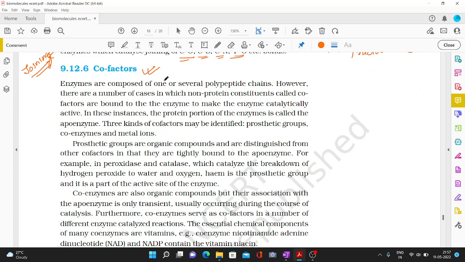Now see, enzymes can be of different types.